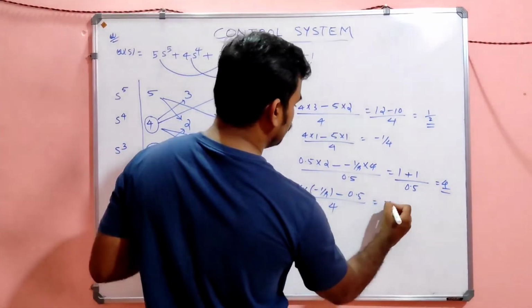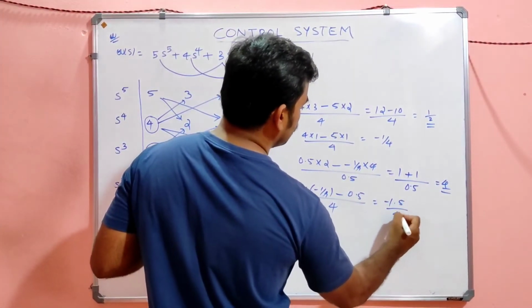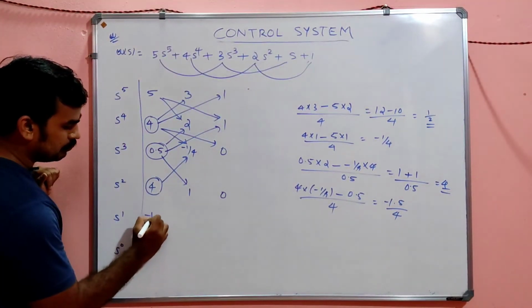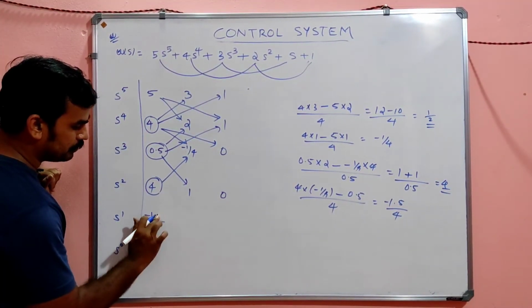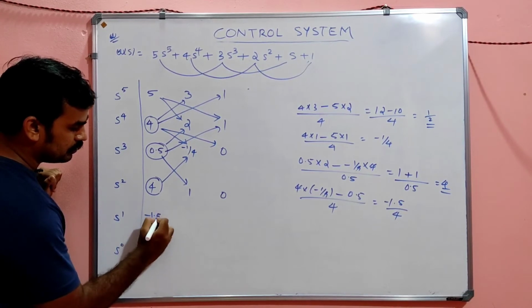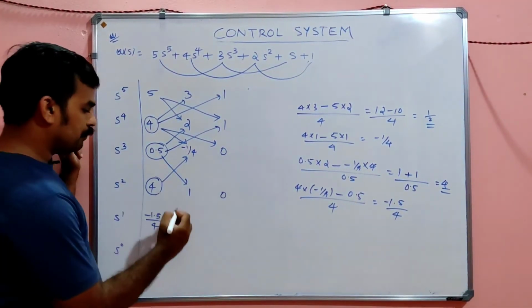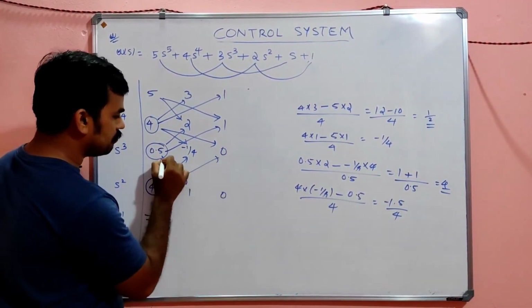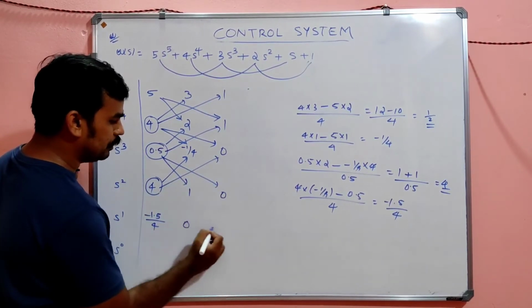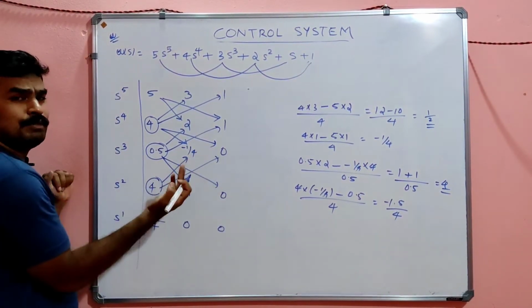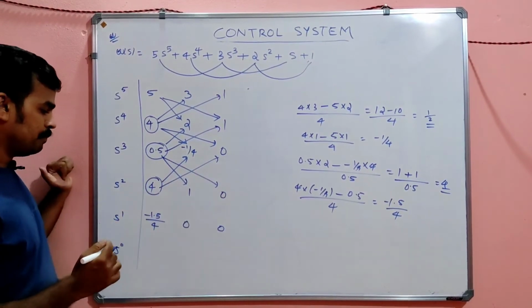So it will become minus 1.5 by 4. So write that, minus 1.5 by 4. Okay. For finding this element, this into this minus this into this by this, 0 and 0, because this into this means 0, this into this means again 0.